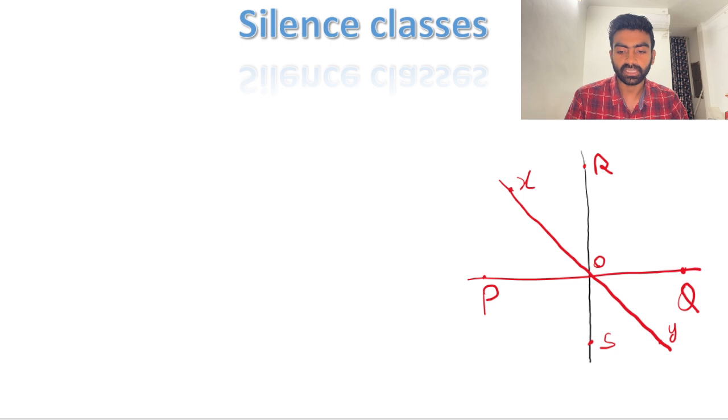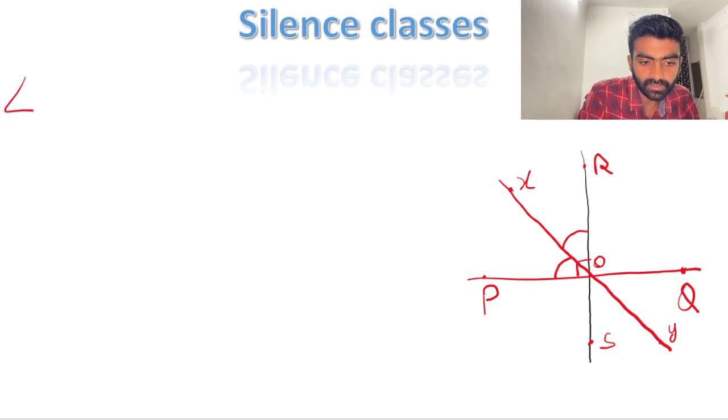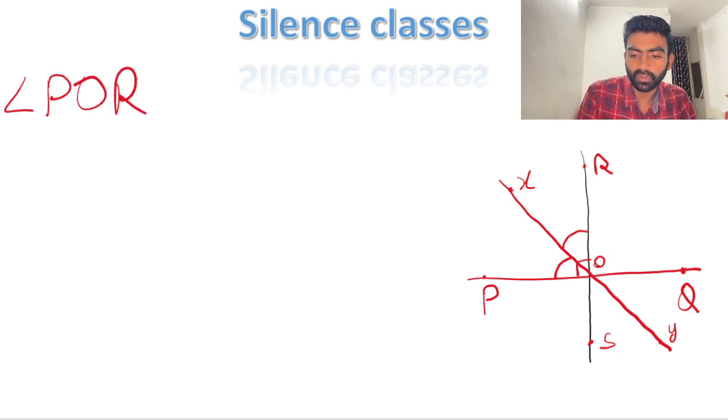So we can check only this one and this one, because this one is 90 degrees. Angle POR is 90 degrees, but angle POR is divided by XO.